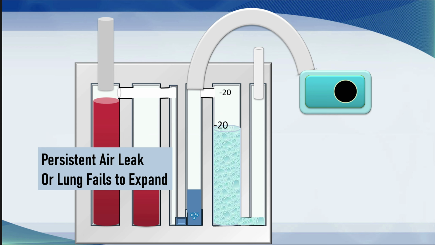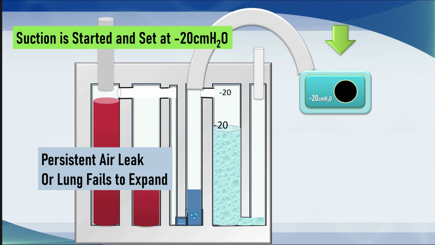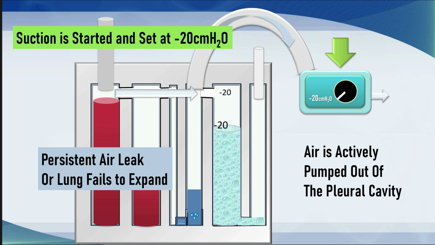We have filled a canister to limit the suction to -20 centimeters of water, and the suction is started. The canister will bubble away continuously, and air is now being pumped directly out of the pleural cavity.